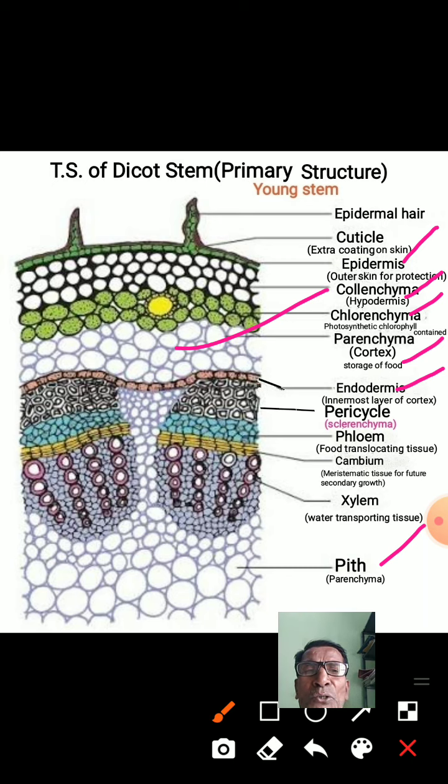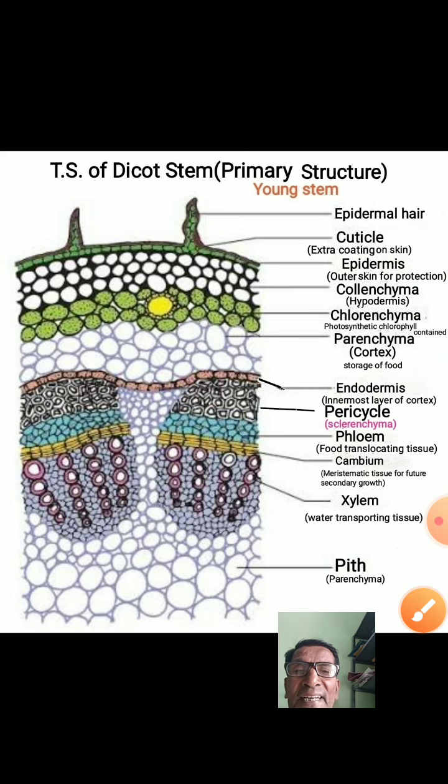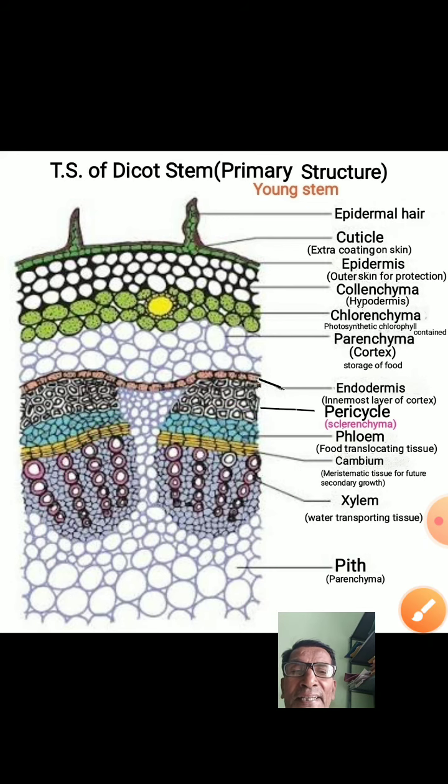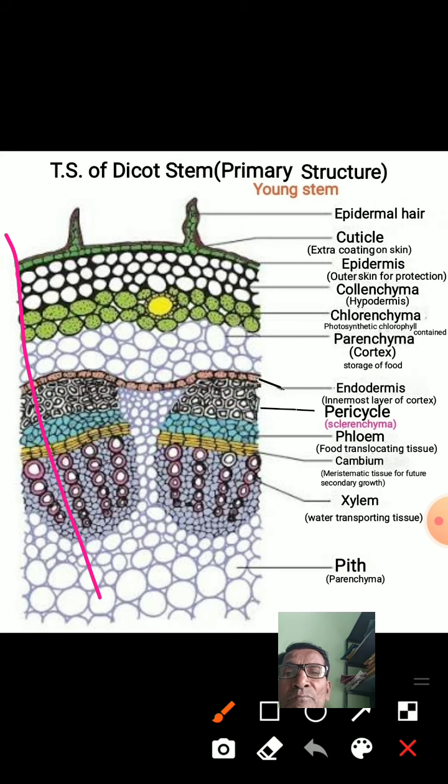Now, below the endodermis, there is a ring of vascular bundles. This is one vascular bundle, this is the second vascular bundle. These vascular bundles are arranged in the form of a ring. In this sector which we are visualizing, only two vascular bundles are shown. This is one and this is another.